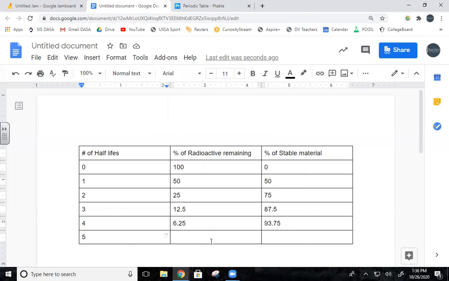Okay, so after 5 half-lives, we now have 3.125 percent radioactive and 96.875 stable.